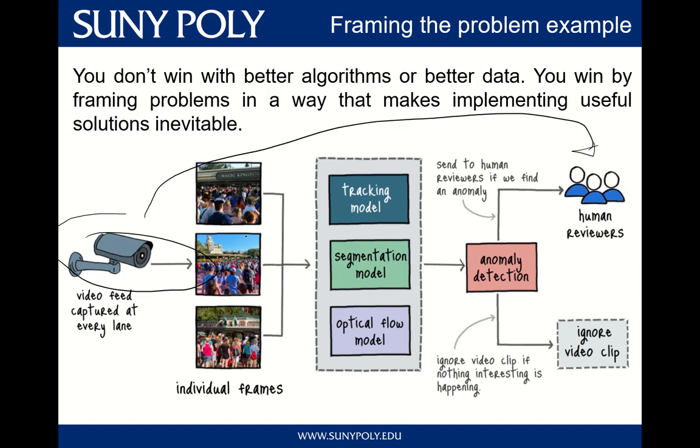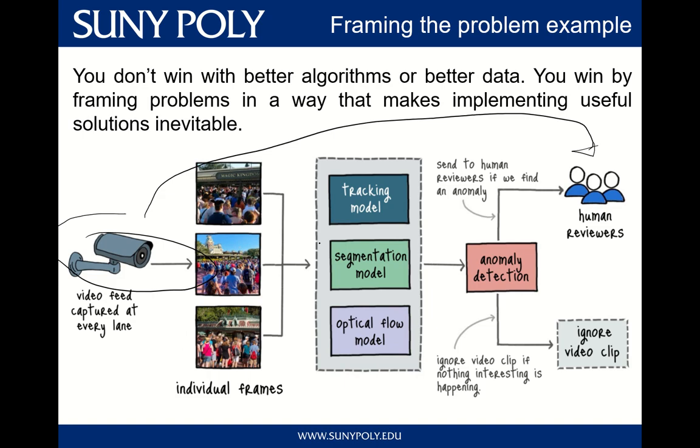But what they discovered is that it was more simple to identify which parts of the videos are important for reviewing and which parts are not relevant. It's like, okay, we cannot perfectly identify when someone is entering the park without paying, but we can find some specific moments in which there is a high risk that something is going to happen.